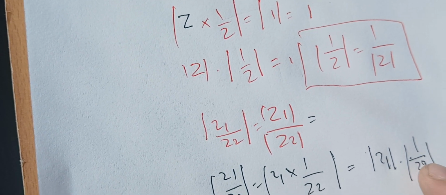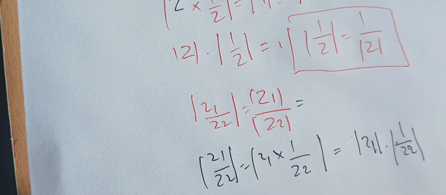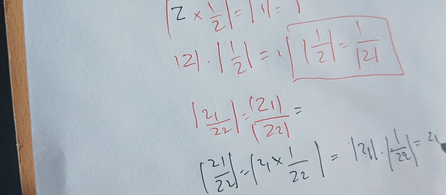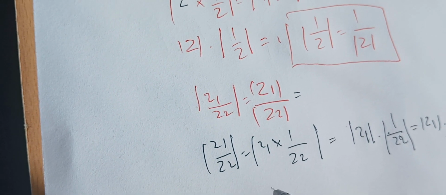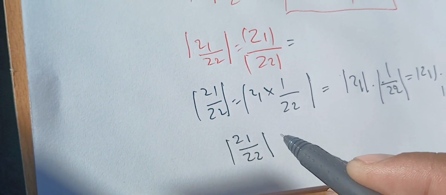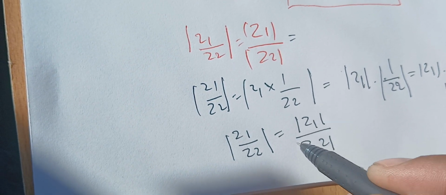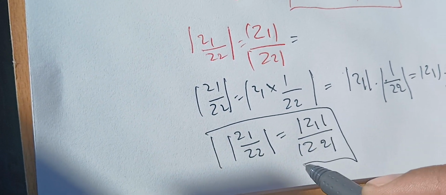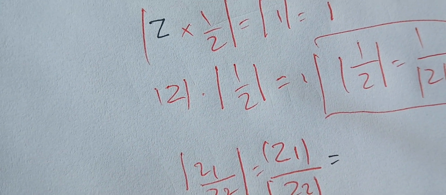Okay, and now what's the norm of 1 over z2? Using this result here, it is 1 over the norm of z2. So we proved here that the norm of z1 over z2 is just the norm of z1 over the norm of z2. This is a very important result that we can use in many different applications.